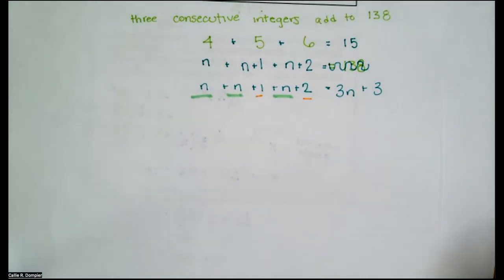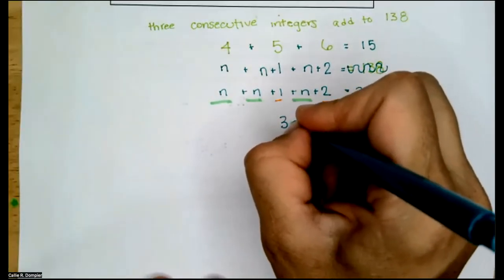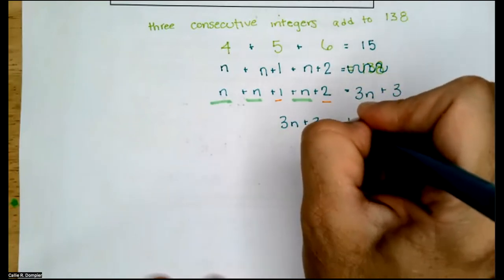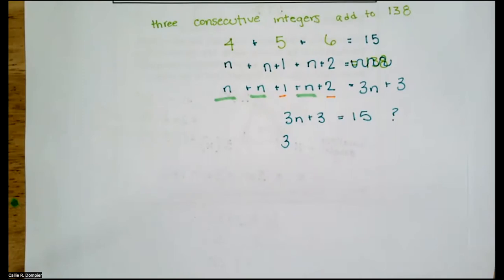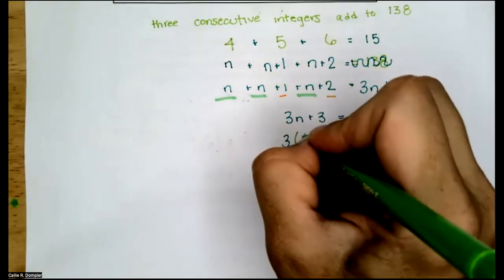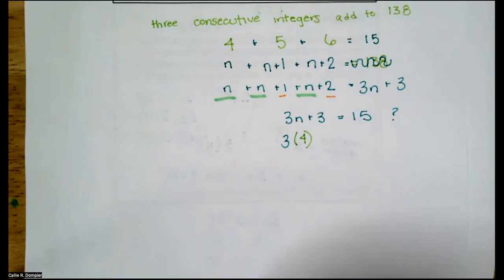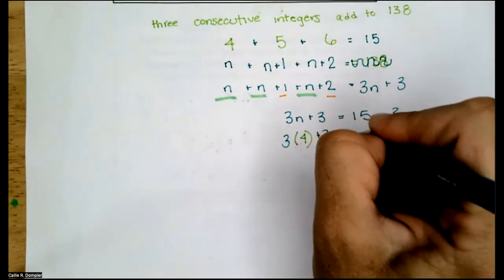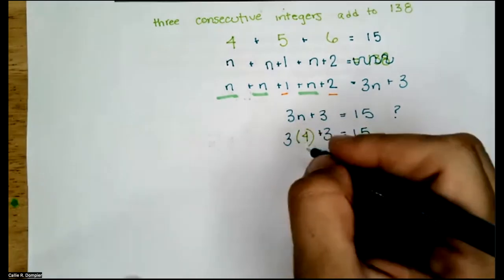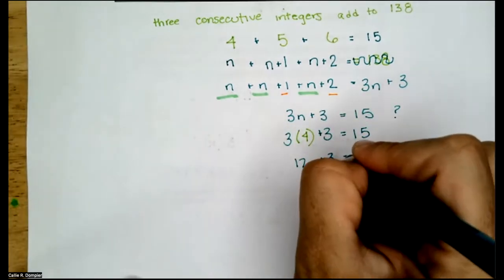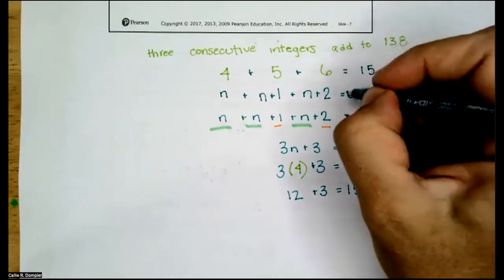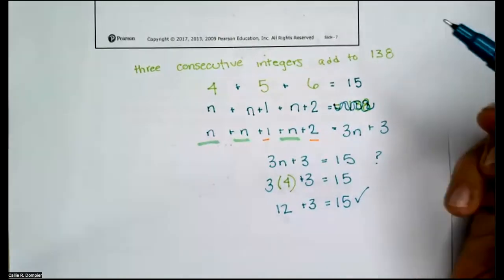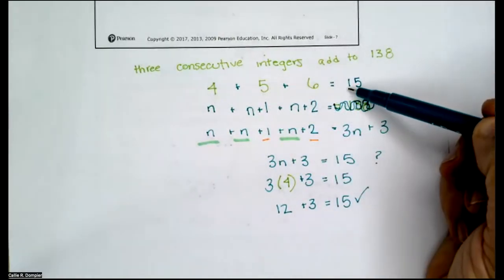And we said that n was 4. So does 3n plus 3 equal 15 if n equals 4? Good. 3 times 4 is 12, plus 3 is 15. That is true. So what we did there, ignoring this false start I gave us, is we said 4 and 5 and 6 equal 15.